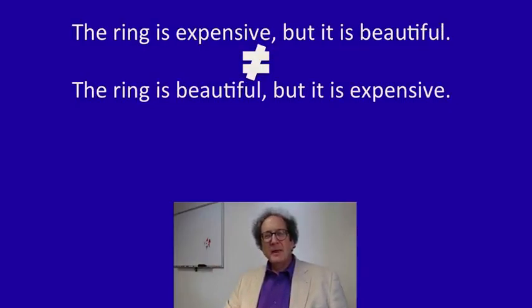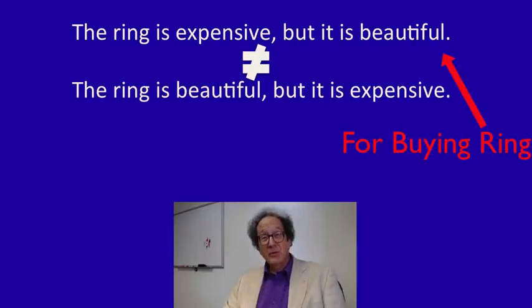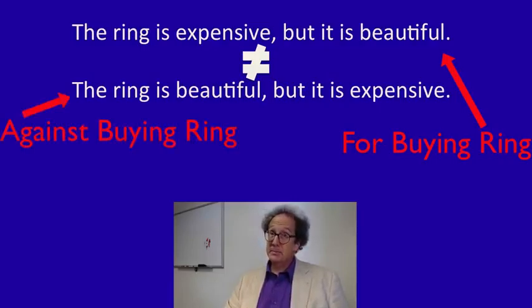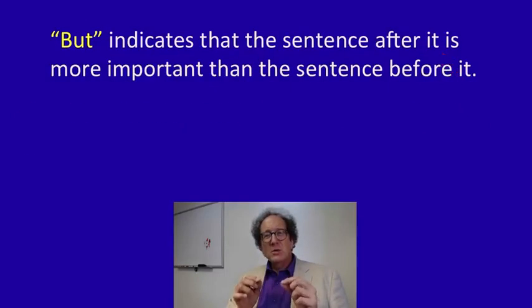Think about it. If you were trying to argue for buying the ring, which would you say? Well, I would say it's expensive, but it's beautiful. And if I'm trying to argue against buying the ring, I would say it's beautiful, but it's expensive. Because the word but indicates that the sentence after it is in some way more important than the other clause.